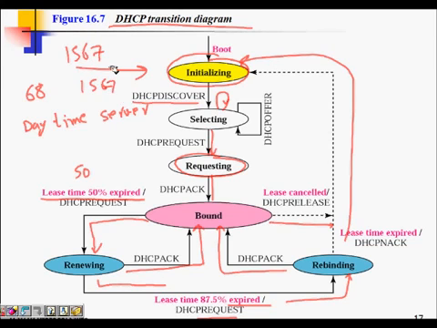Then I send a request, and the packet that comes back for the DHCP offer is also a broadcast, because when the machine asked for its IP address, it still does not know what IP address will be assigned. So the DHCP offer is also a broadcast message.